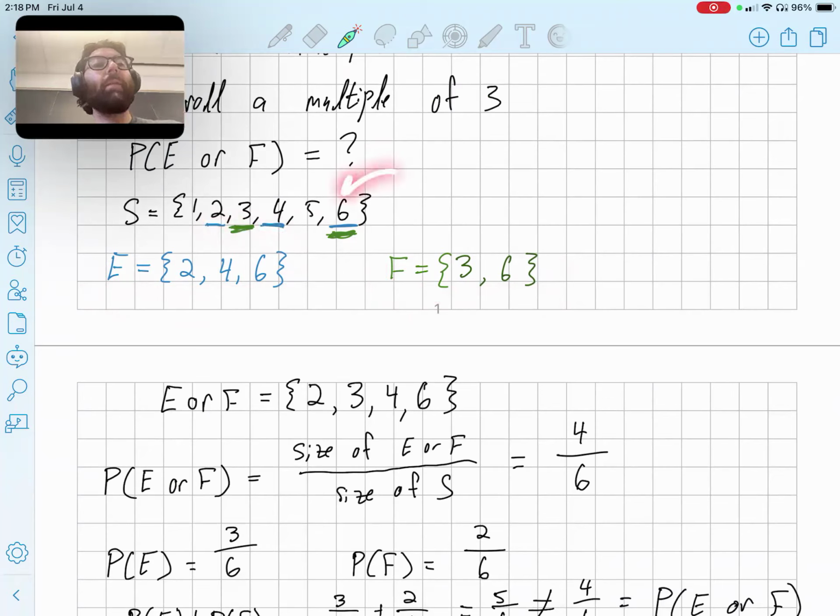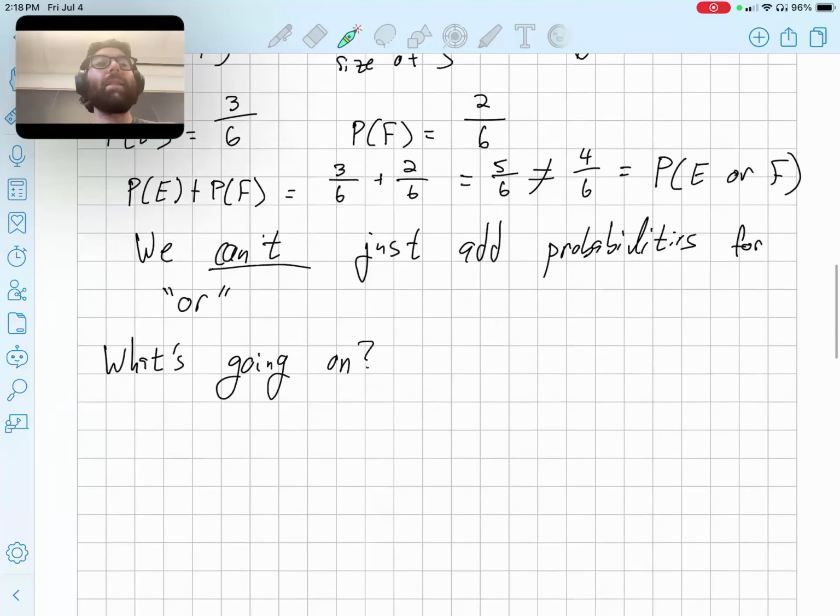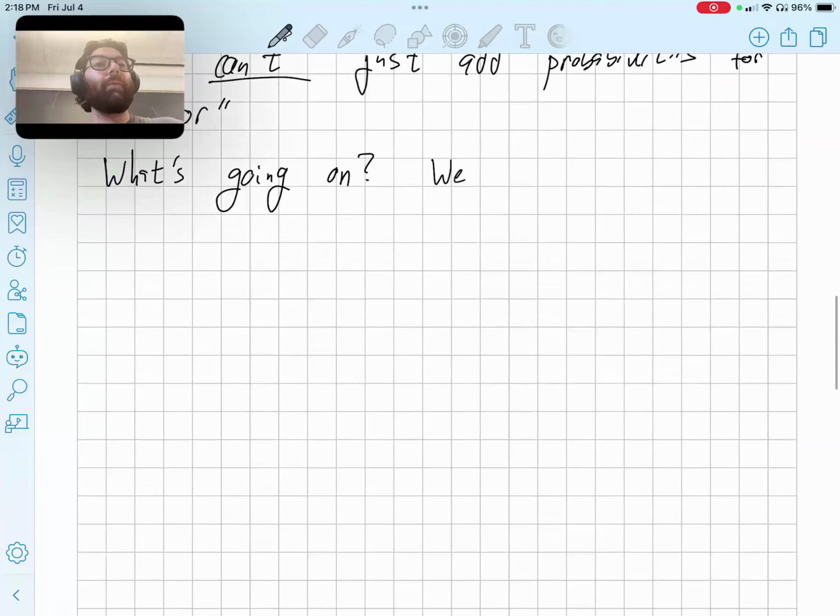But 6, we counted twice. We included it once when we were looking for multiples of 2, and again when we were looking for multiples of 3. So we counted 6 twice instead of just once.